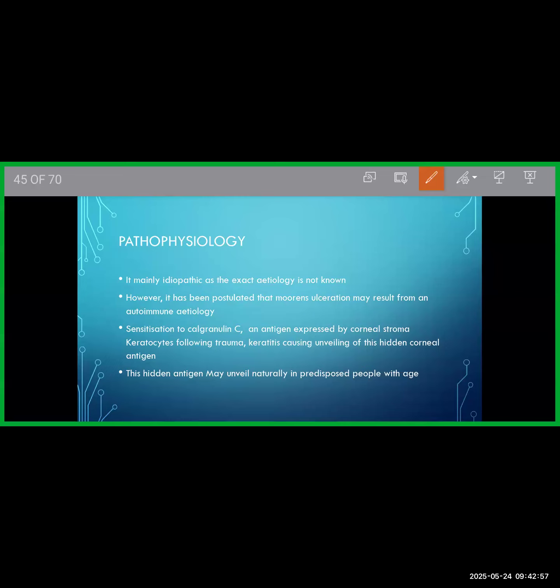That is why most patients that present with corneal ulcer usually give a history of either trauma or foreign body in the eye. And the hidden antigen may unveil naturally in some predisposed people with Morin's ulcer with age.